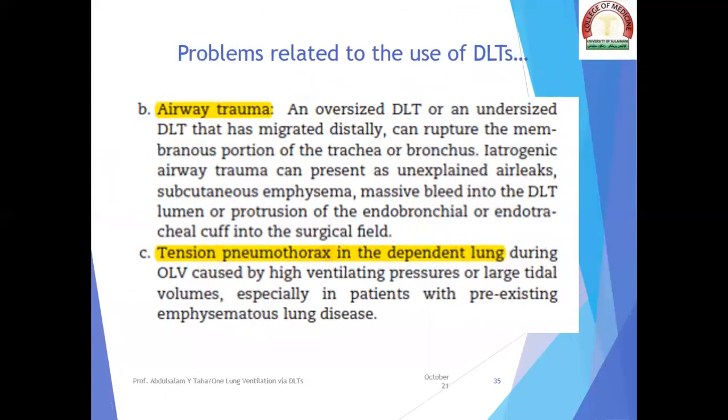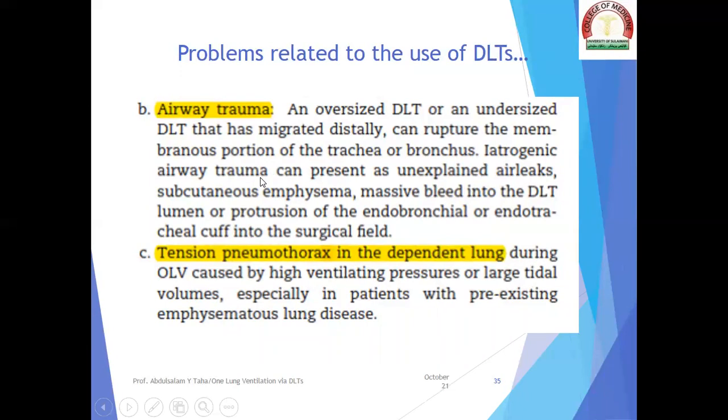The other problems related to the use of double lumen tubes are airway trauma and tension pneumothorax. Airway trauma: an oversized double lumen tube, or an undersized double lumen tube that has migrated distally, can rupture the membranous portion of the trachea or bronchus.